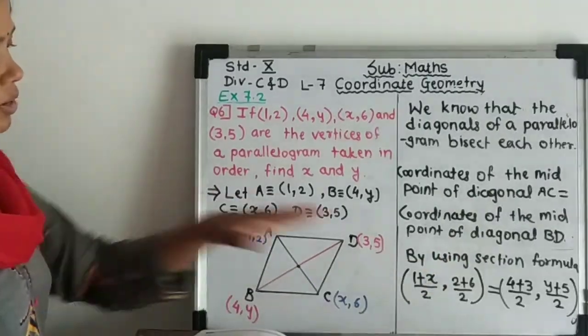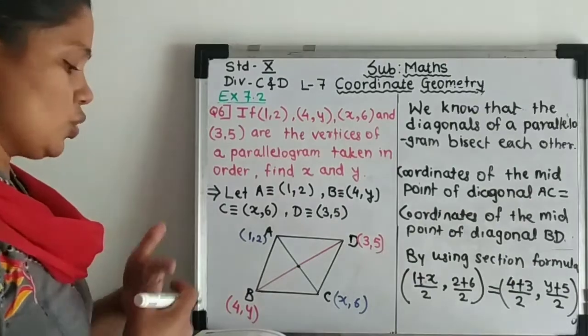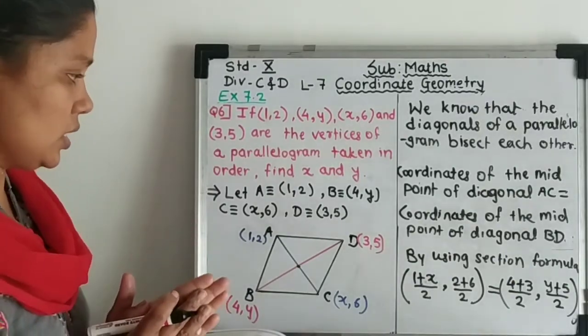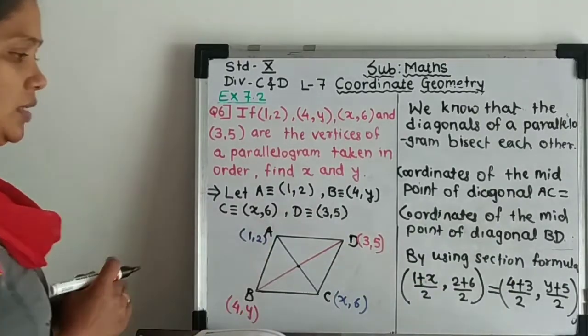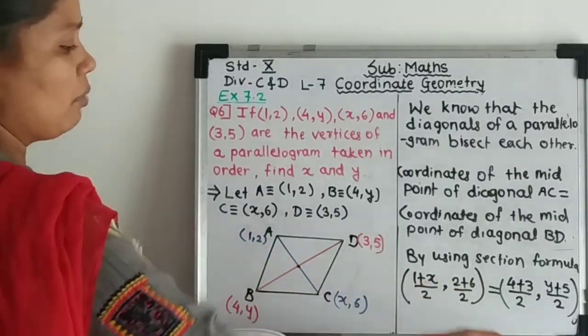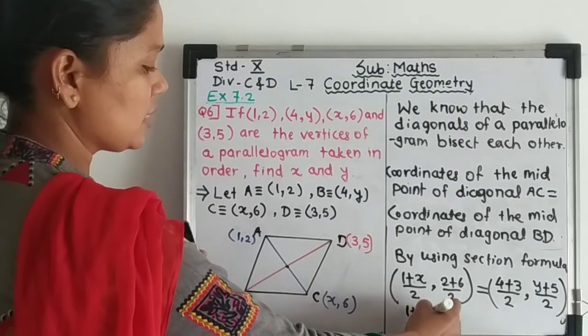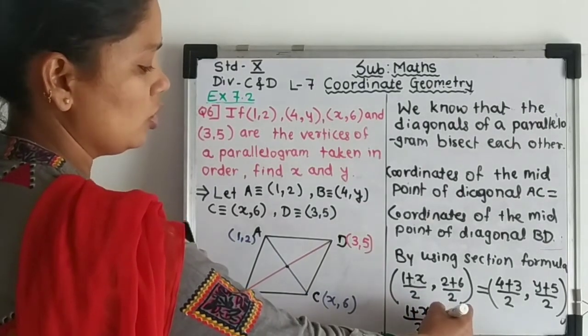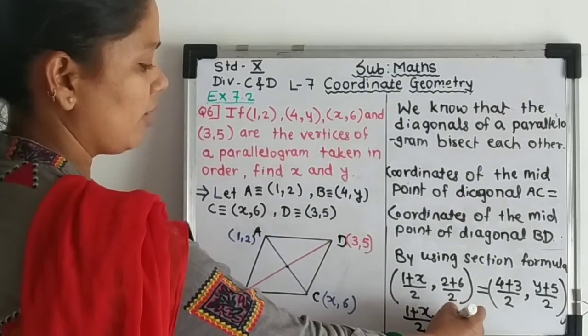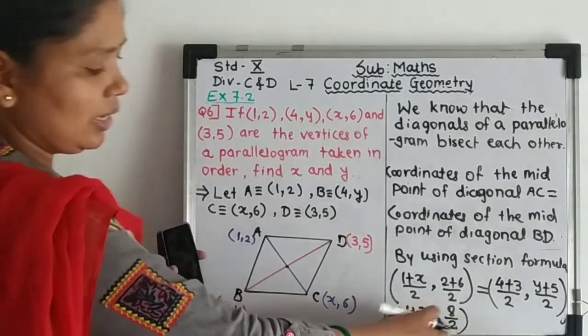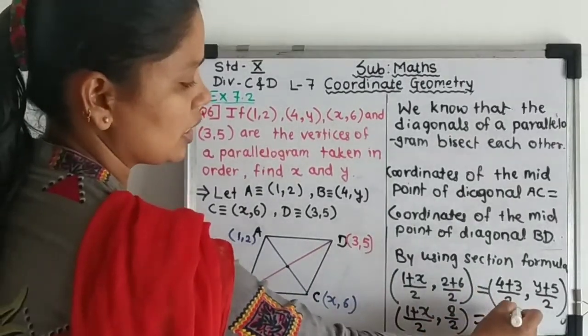According to this statement I have written it using the section formula. Now can I add 1 plus x? No. So 1 plus x we will keep as it is. 2 plus 6 is 8, and 8 divided by 2 is 4. So we write (1 plus x) upon 2 comma 8 divided by 2. You can write 4 directly also, I am just taking it step by step.